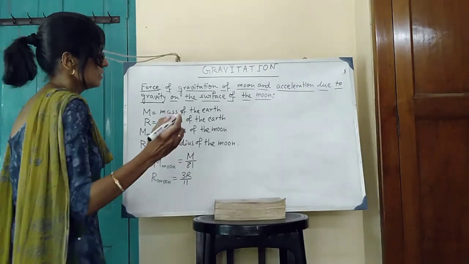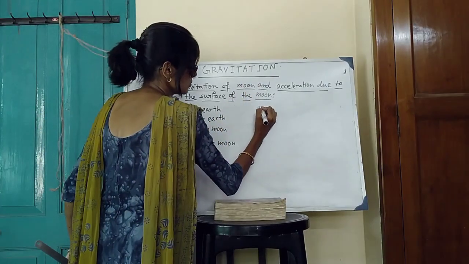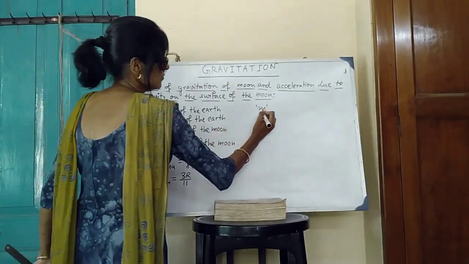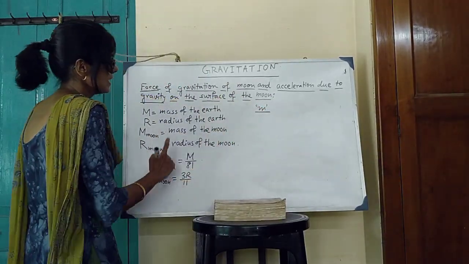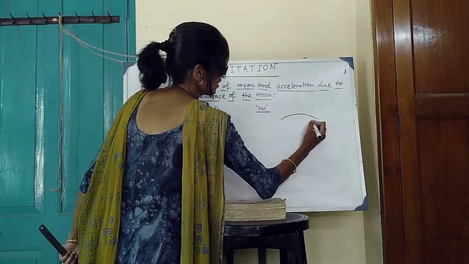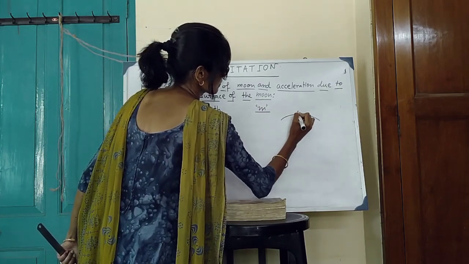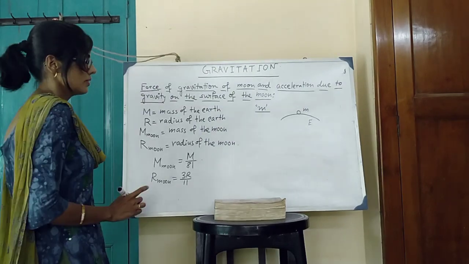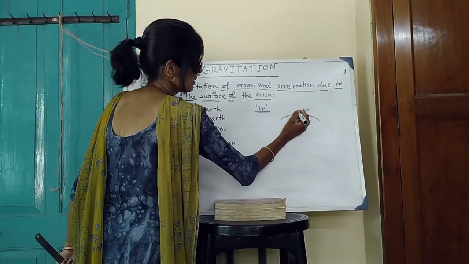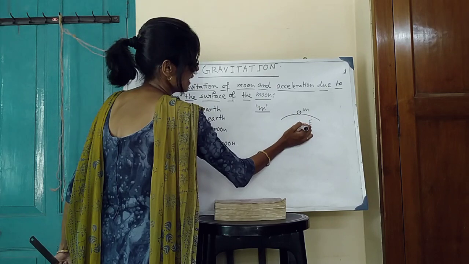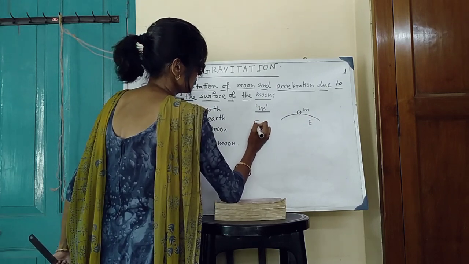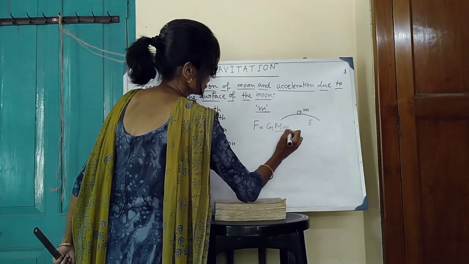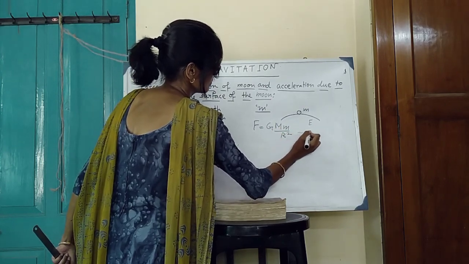Now, consider an arbitrary body of mass small m. At first, the body m is kept on the surface of earth. From Newton's law of gravitation, the attractive force between the body and earth is F is equal to G big M small m by R square.